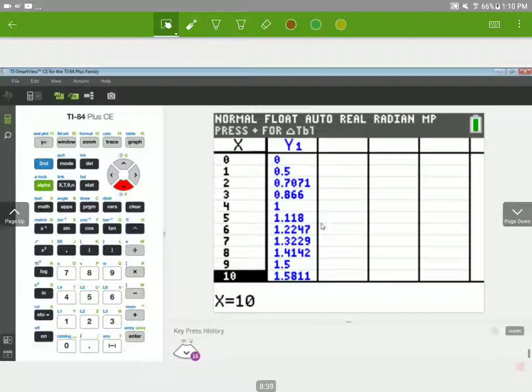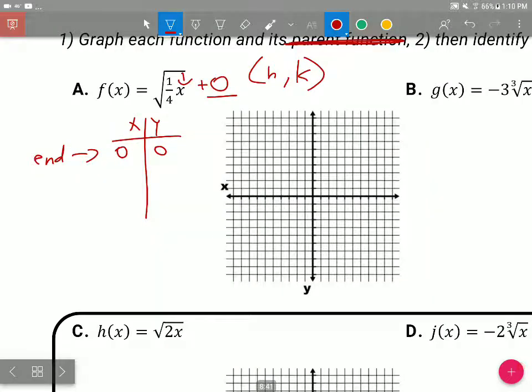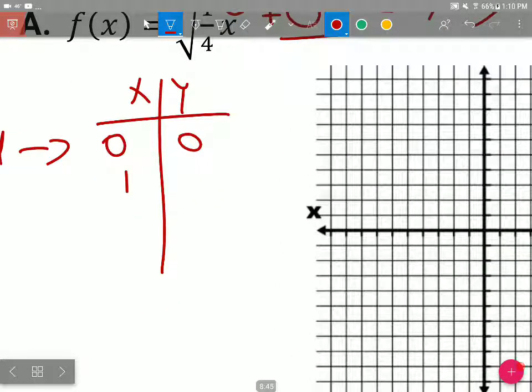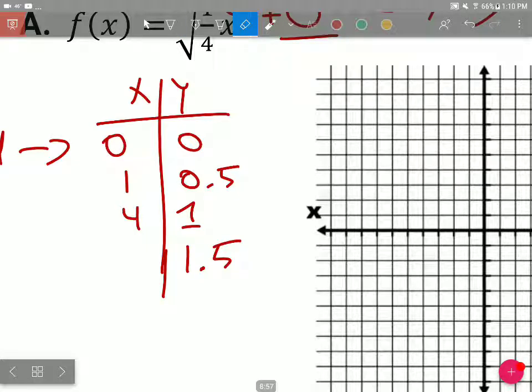So here we go. Let's go back to the chart. Go back to my equation. So I had 1 at 0.5. I had, what was it, 4 at 1 and 9 at 1.5? Is that what it was? Or was it 8 at 1.5? 9. It was at 9? Okay. So there's your points.